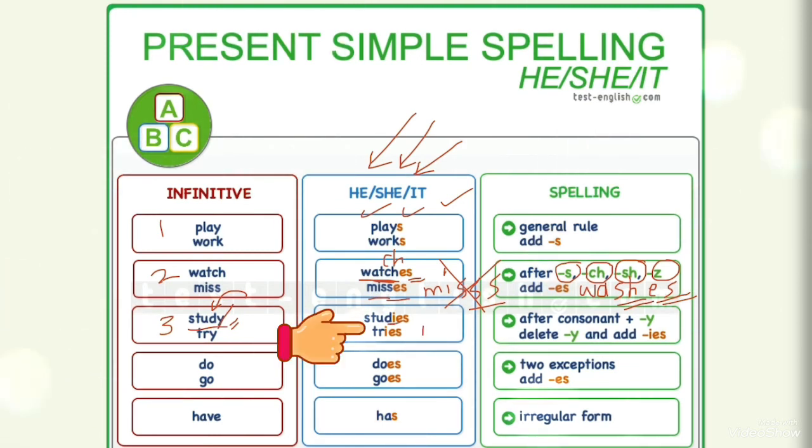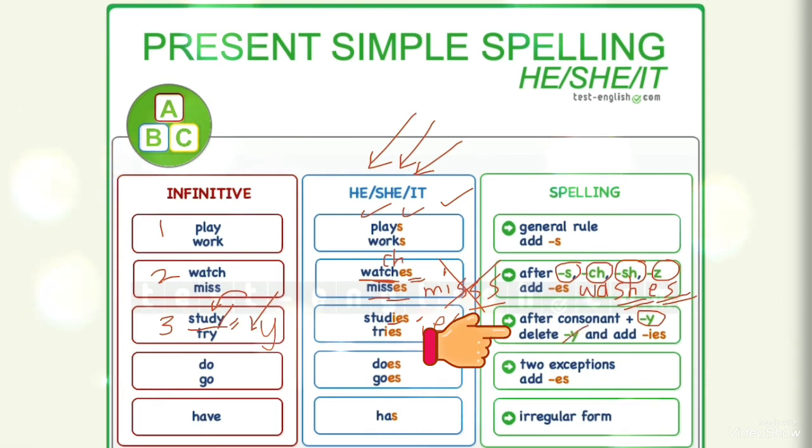So I will put IES when I see a verb that ends with Y and before Y is a consonant. So after consonant plus Y, delete Y and add IES.